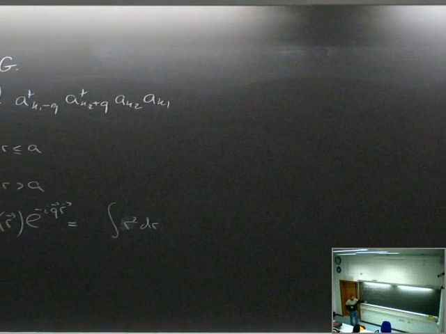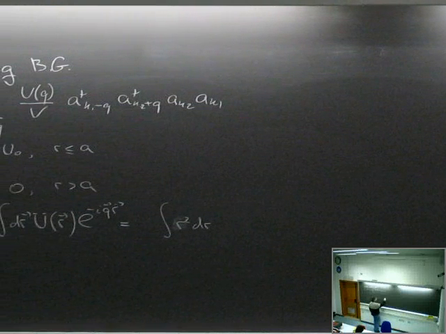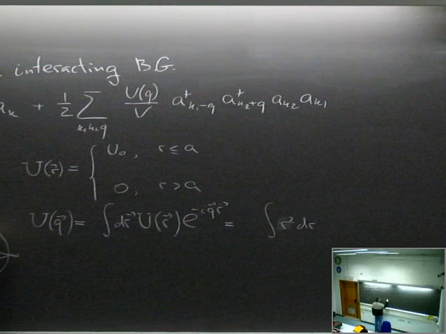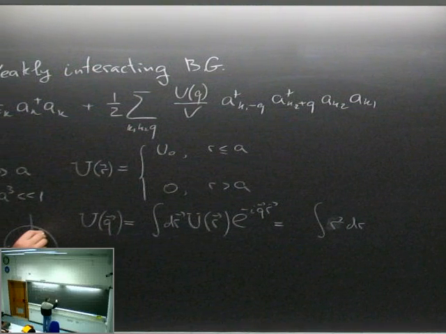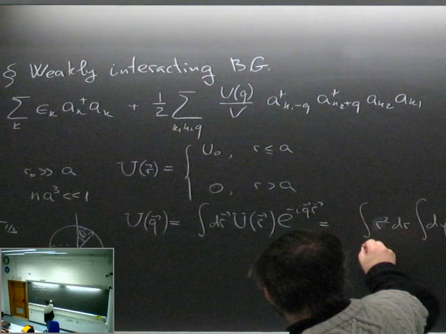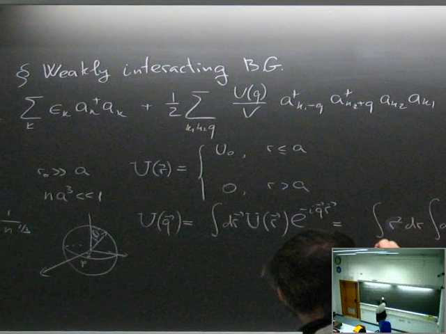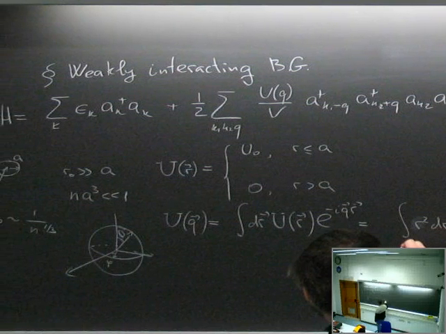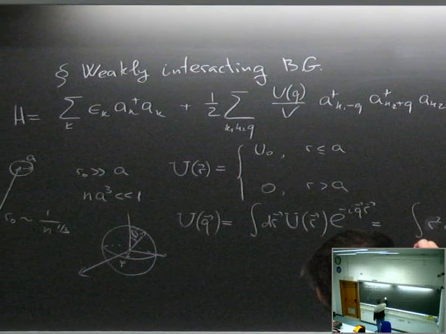and you remember that this is phi and this is theta. I have a scalar product, d phi, so it is u naught if r is smaller or equal than a. Therefore, r changes from 0 to a. Phi changes from 0 to 2 pi.